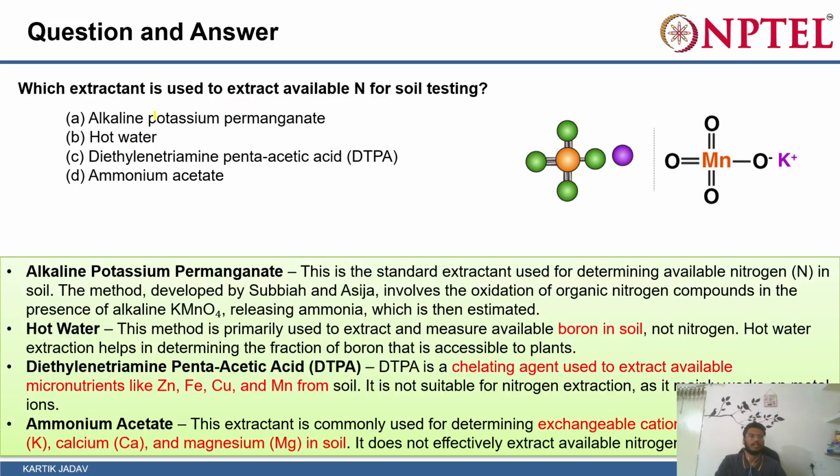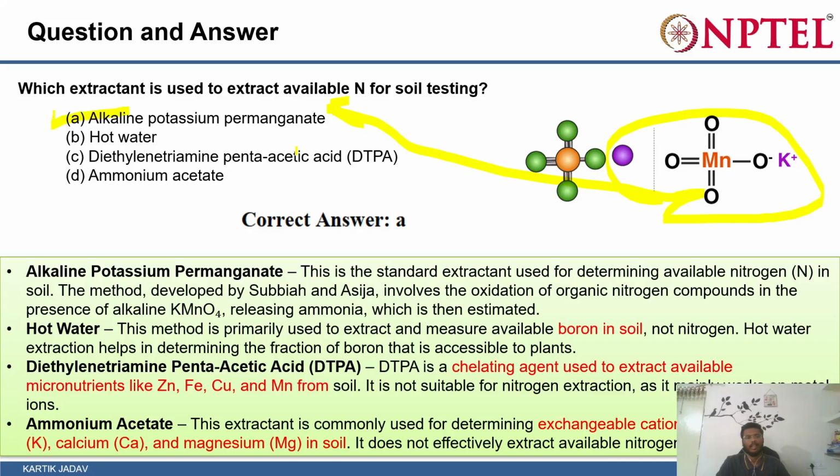Which extractant is used to extract available nitrogen for soil testing? In case of available nitrogen extraction, we are using KMnO4, that is potassium permanganate, generally in the alkaline form, so it is known as alkaline potassium permanganate.